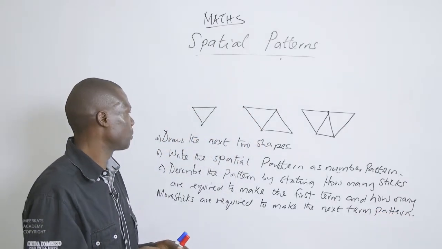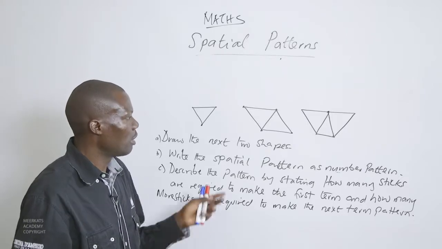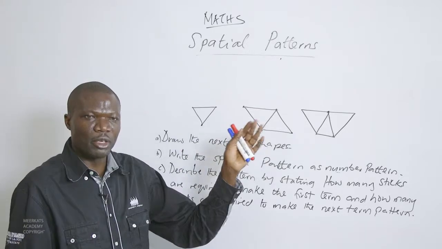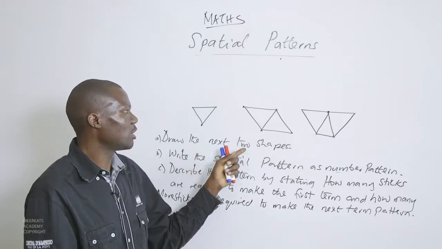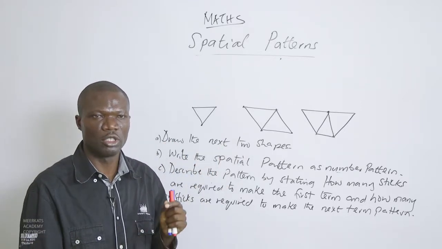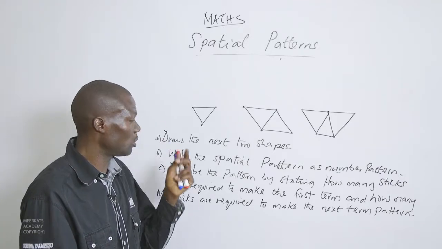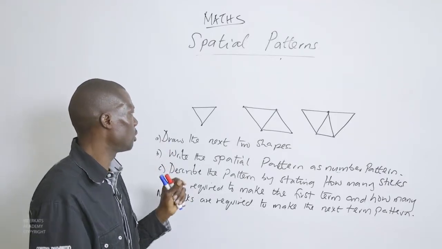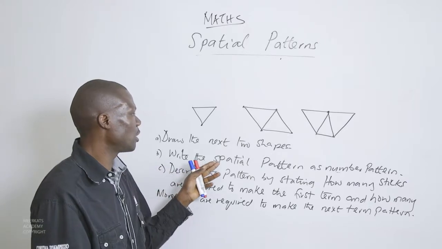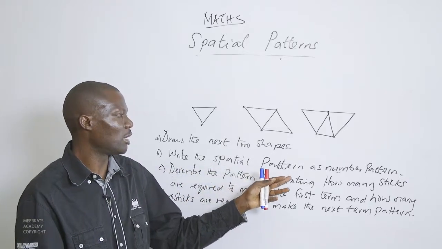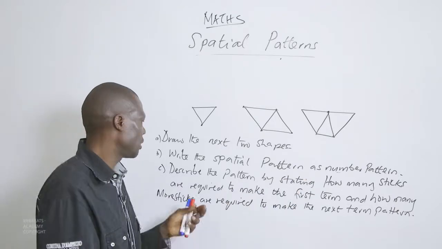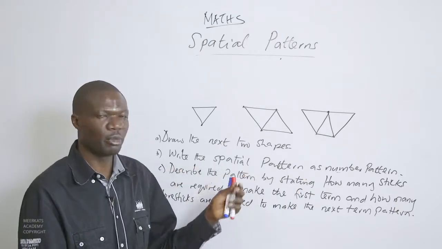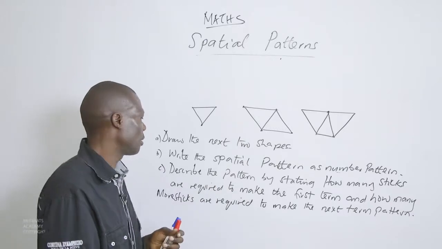In this question, from the shapes we have here, question 1, draw the next two shapes. Question 2, write the spatial pattern as a number pattern.